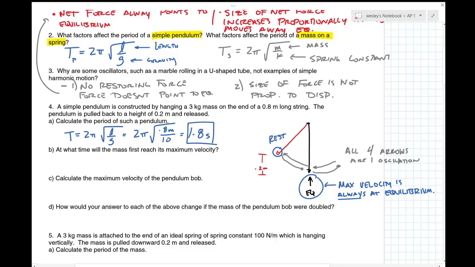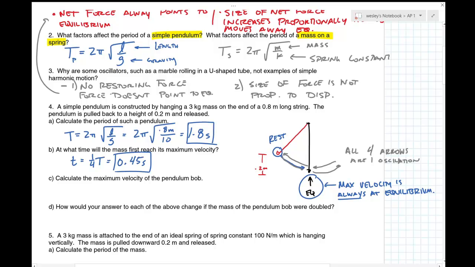Always. So what we're really asking is how long until it gets to equilibrium for the first time? Well, looking at it, that's just 1/4 of my oscillation. So the time to get there is going to be 1/4 of the period. So it's 1.8 divided by 4. Comes out to be about 0.45 seconds.